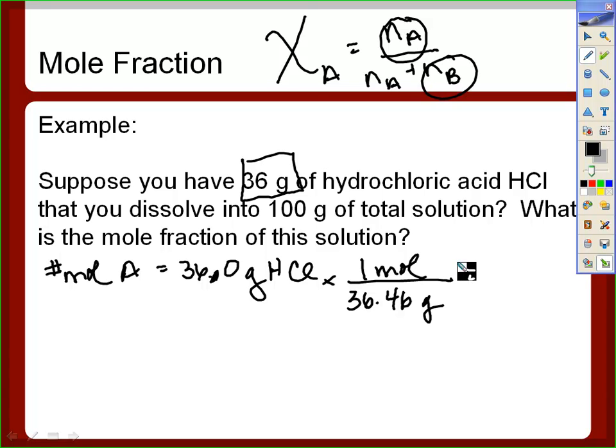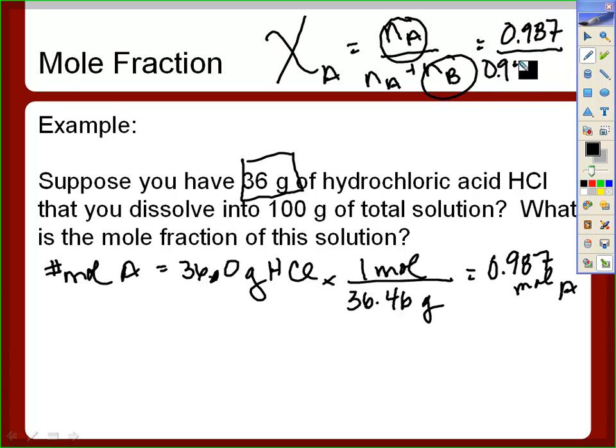And 36 divided by 36.46 is going to be 0.987 moles of A. So my nA is 0.987.